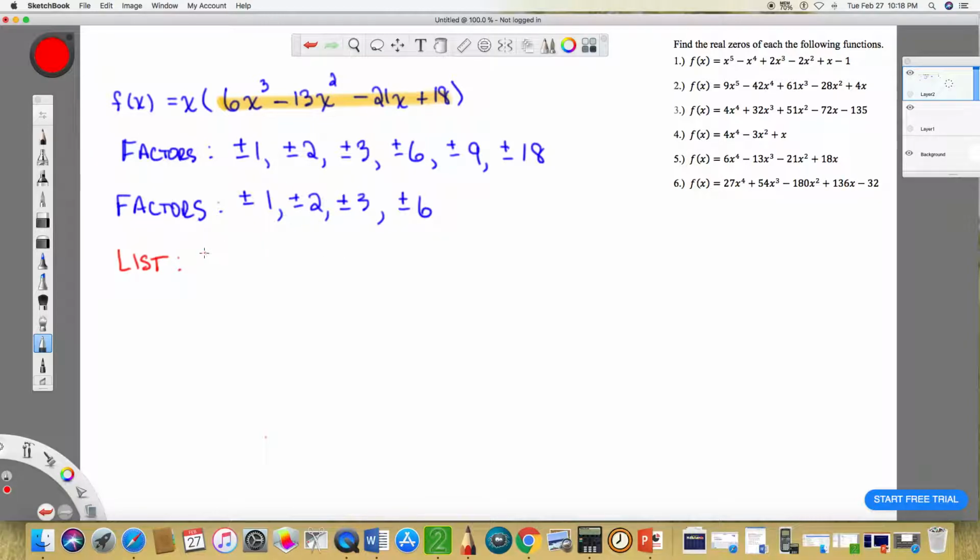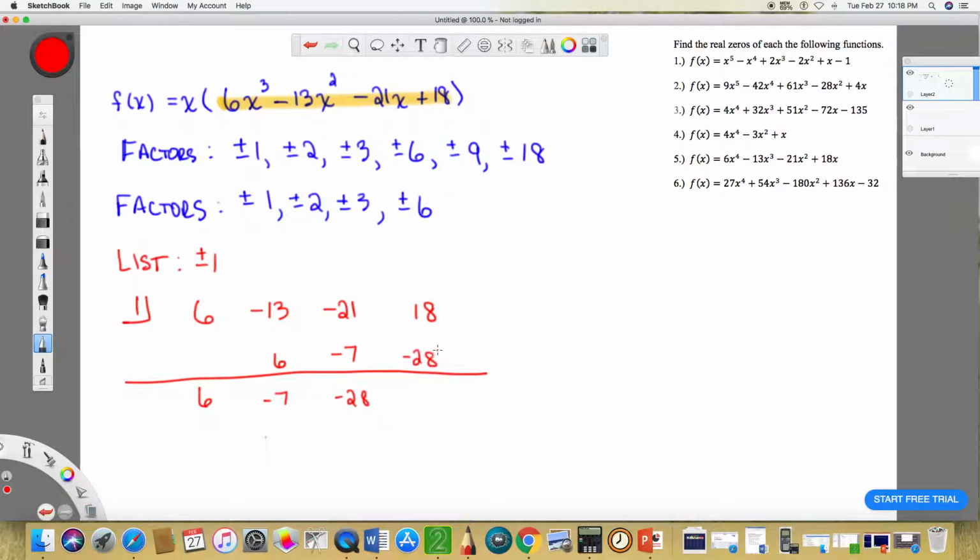So let's try 1 and -1, synthetic division, and see if we can't find a 0. So we've got 3, 2, 1, and a constant term, so we don't have any missing powers. All right, so let's take a look at 18. And we don't get a 0 here.